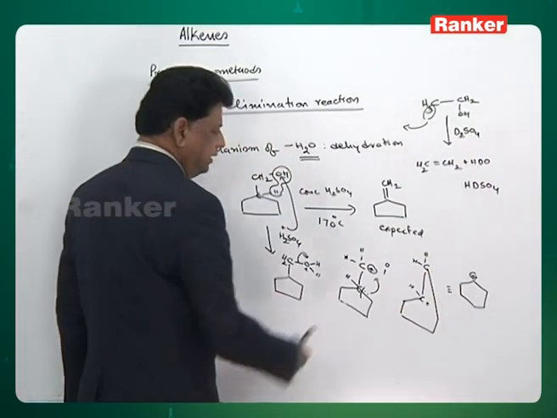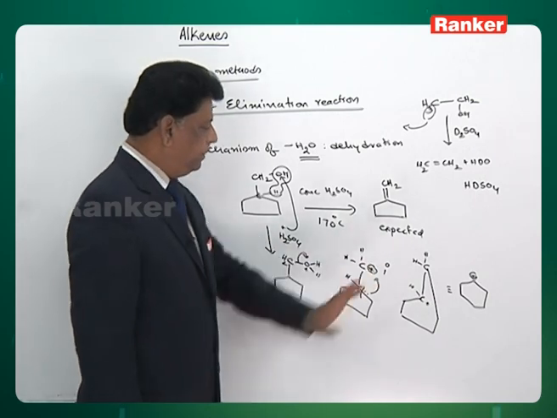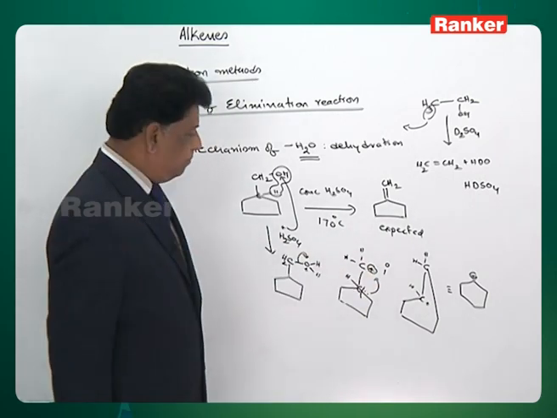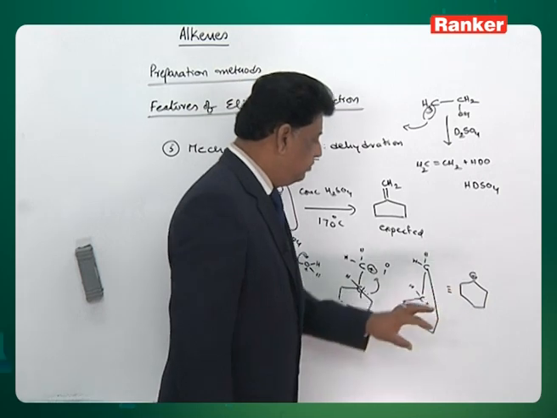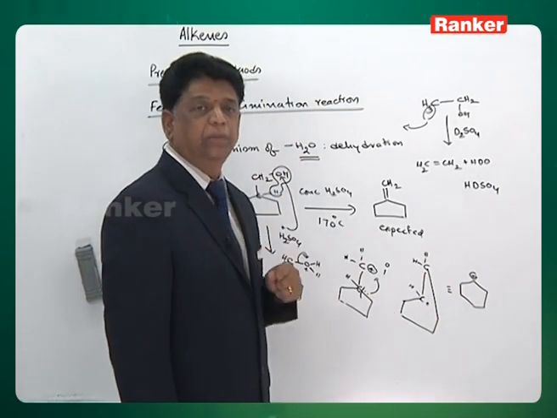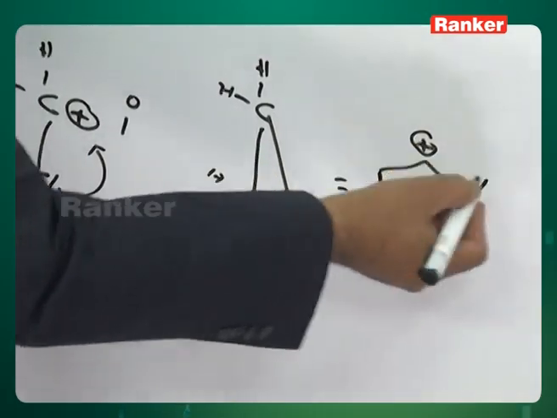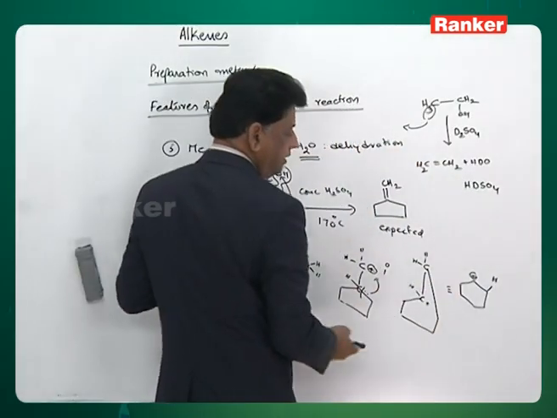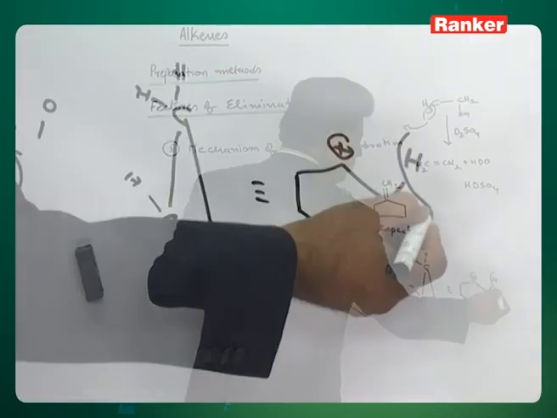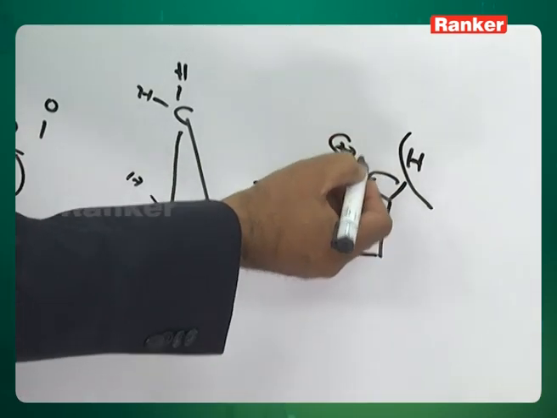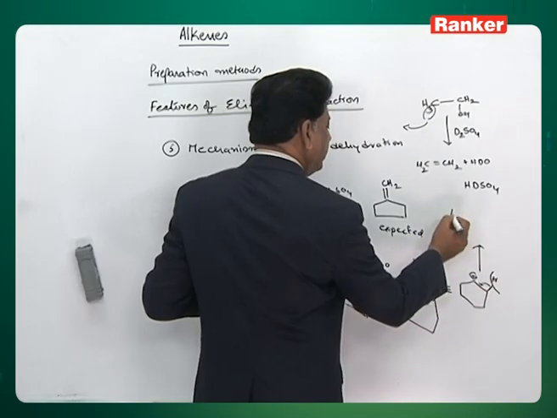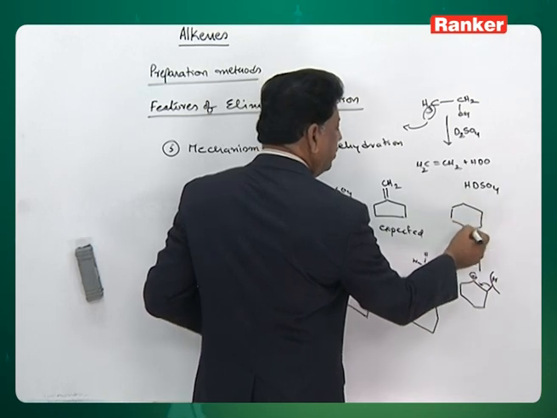Both are the same, only the shape is unusual, that's all. So, a cyclohexane with a carbocation is formed. Now, on either the left side or the right side, it is identical. So, one of the hydrogens will be dropped and the 2 electrons are given. So, we get some unusual product, that is cyclohexene.